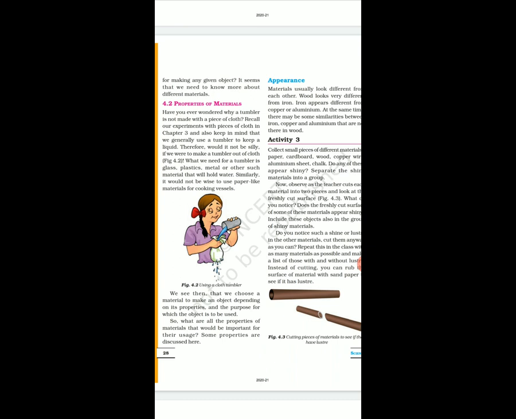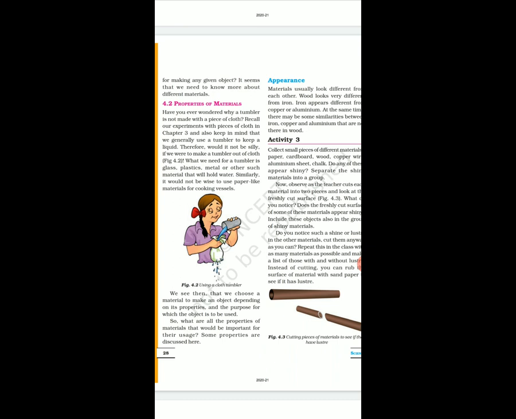In chapter 3 we have seen why cloth is not used in making a tumbler. We generally use a tumbler to keep a liquid, and if cloth is used, then it can't store liquid. So what we need is either glass or plastic or metal or any such material which can hold water.